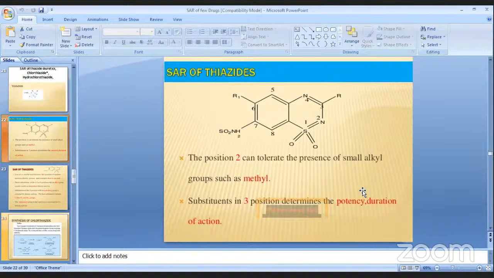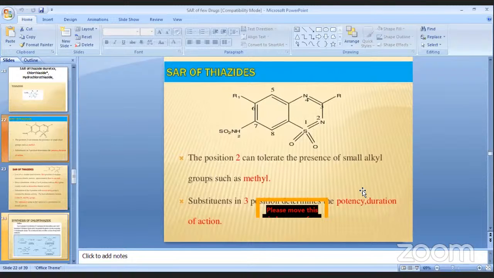Now consider the case of position 2. In position 2, you are seeing that one nitrogen is there and a 1 and 2 double bond is there. If you add an electron withdrawing group on the nitrogen, then the sulfoxide group is itself very electronegative. Whenever you introduce another electronegative group at the 2 position, then what will happen? An alkyl group can be tolerated.